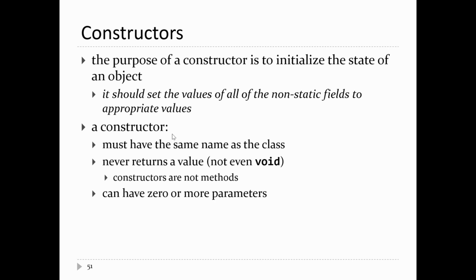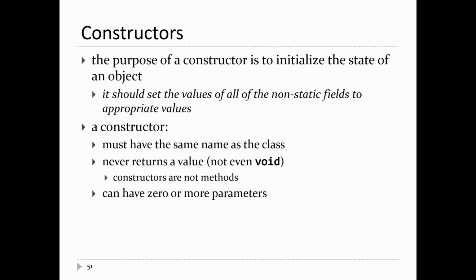So when you make a constructor, Java is pretty restrictive on your constructors. Constructors always have the exact same name as the class. So for the point2 class, all of its constructors are called big P Point2. Constructors never return a value. So the unfortunate part of Java is that constructors look like methods.